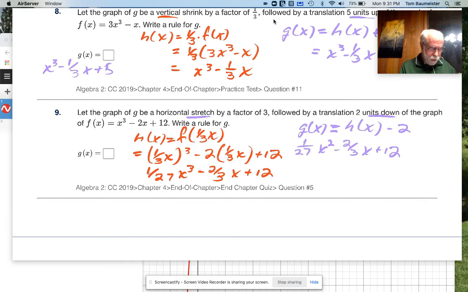That was our h of x. And we're going to subtract 2 from it. So that will give us 1/27 x cubed minus 2/3 x plus 10. And again, that would go over here.